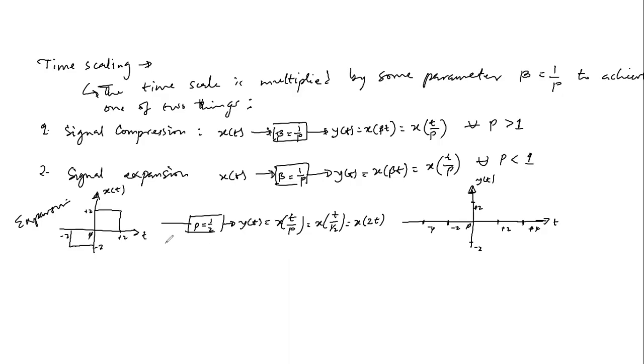Because here we have s of t at the input, and at the output, we have y of t to be the same as s of 2t. So at t equal to -2, then y of t will be the same as s of 2 times -2, which will be s of -4.